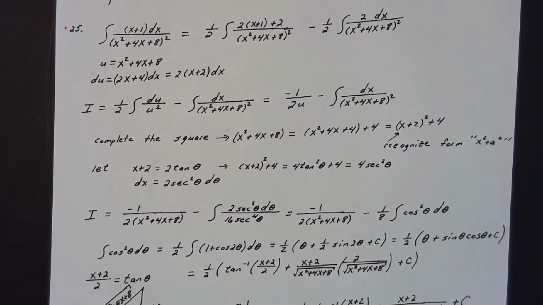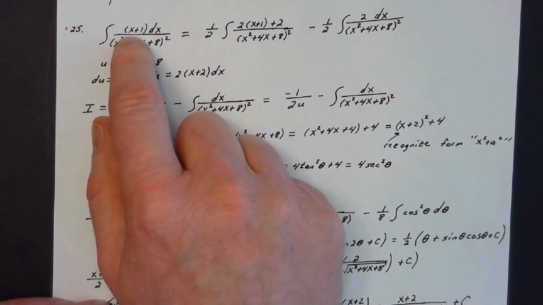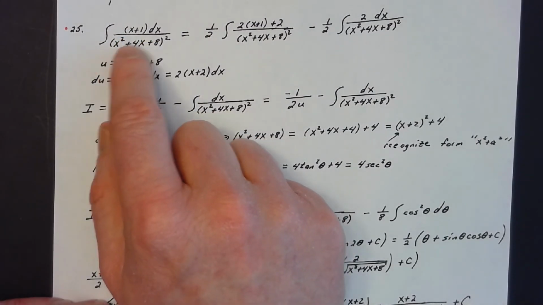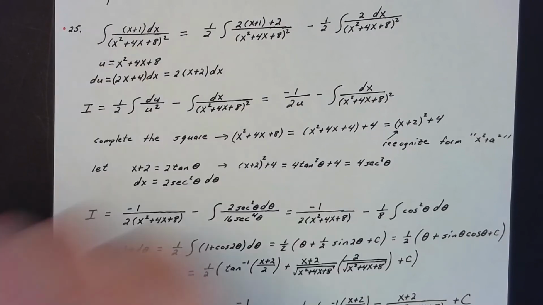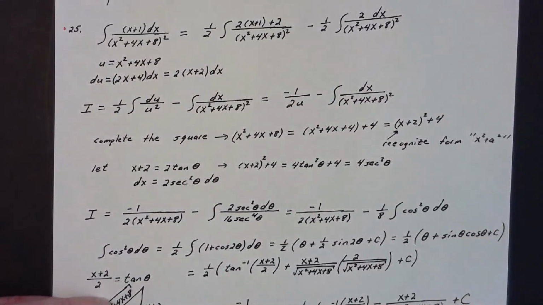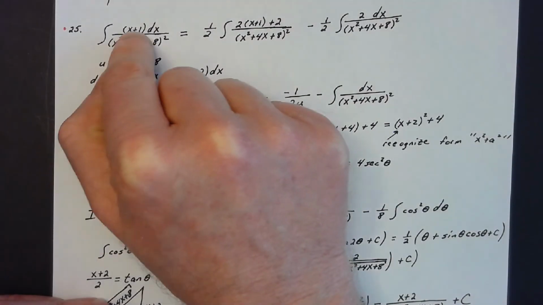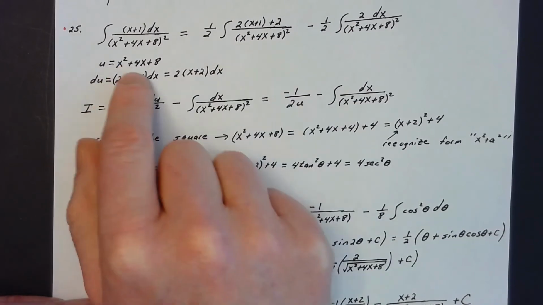If I look at 25 with you, you have the integral of x plus 1 with respect to x over x squared plus 4x plus 8 quantity squared. So I know automatically that the derivative of what's inside of this denominator is almost in that numerator. Notice that's why I tried right here.